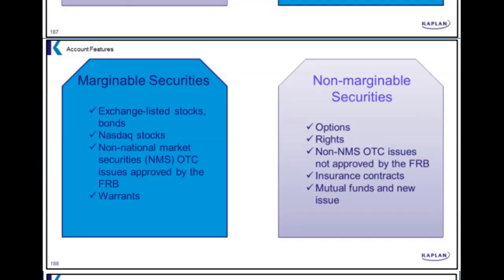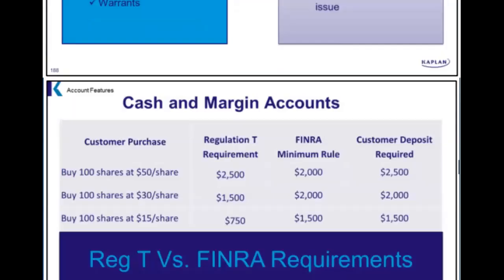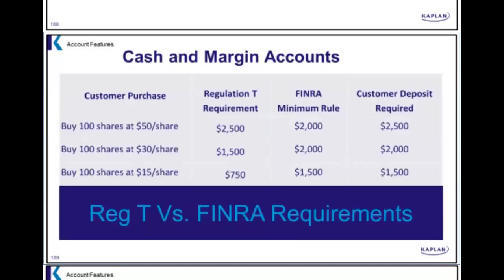Any of our exchange-listed securities, NASDAQ stocks, our over-the-counter issues if they've been approved by the FRB, and warrants. Now, remember I said that we have to deposit 50% in order to be able to borrow up to 50%?